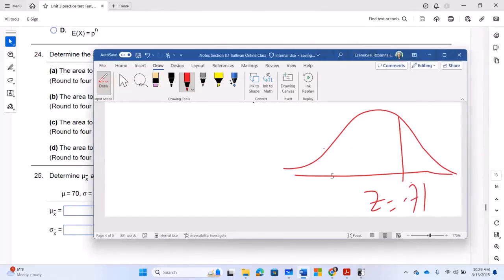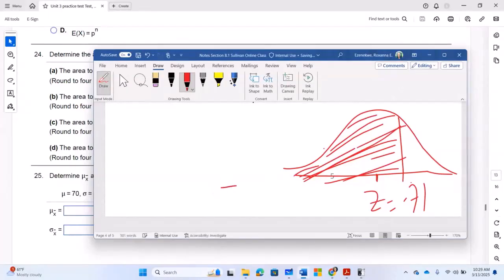So it is on the right-hand side of the mean, because remember that the mean is 0. When z is equal to 0, it is the mean. So I'm told to find the area to the left. So just draw it, take your time and draw it. And then the normal curve goes to negative infinity to the left. So negative 1e to the power 99.